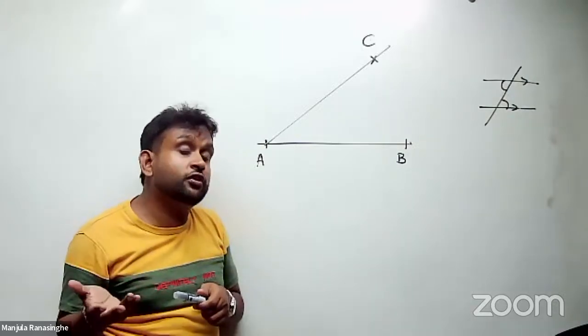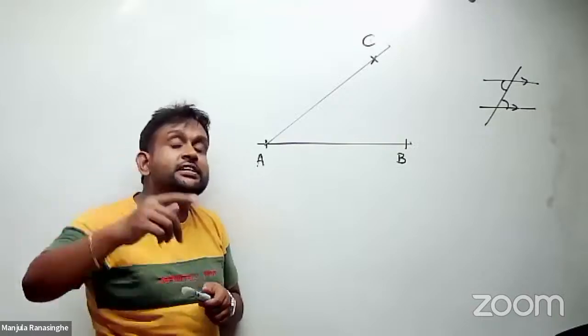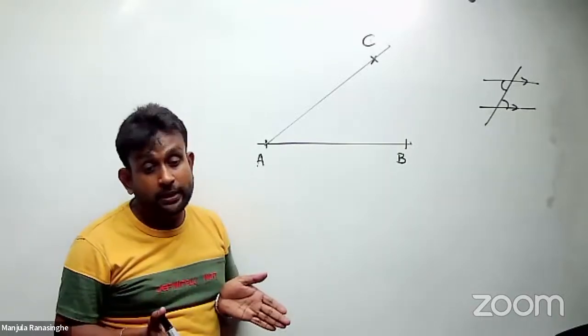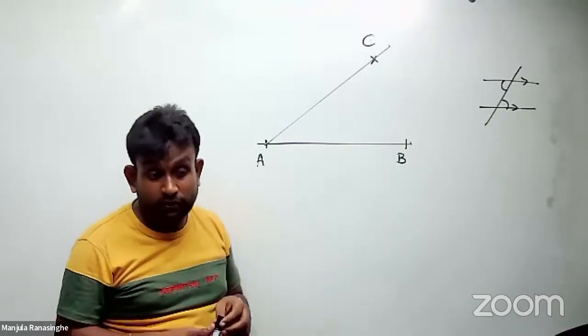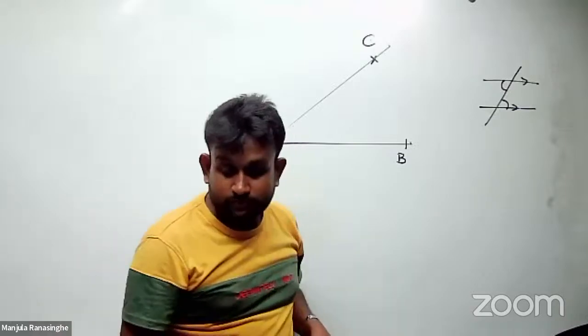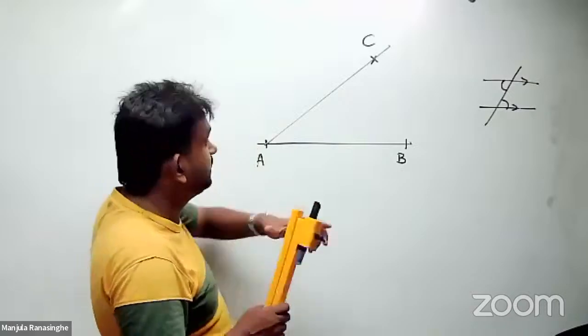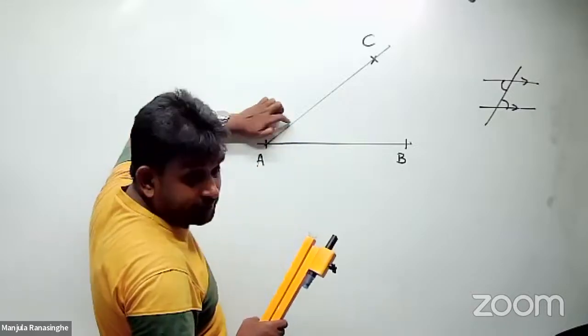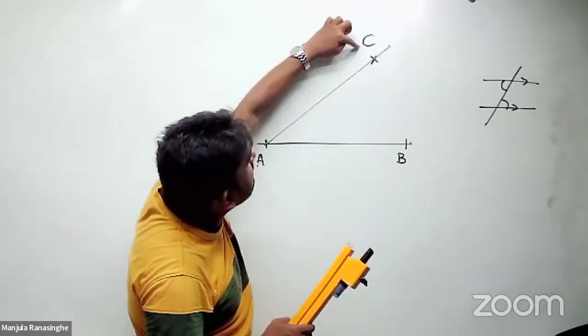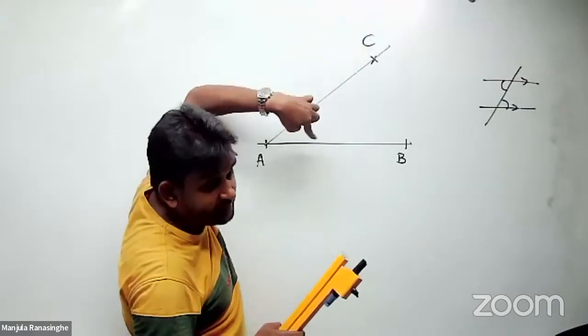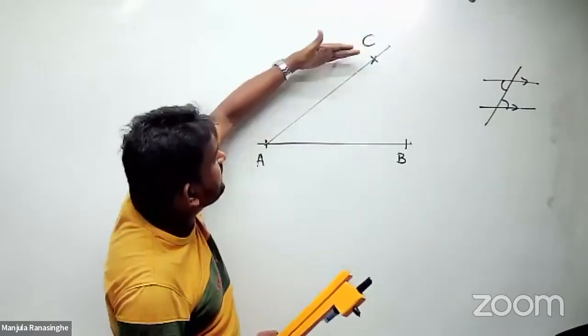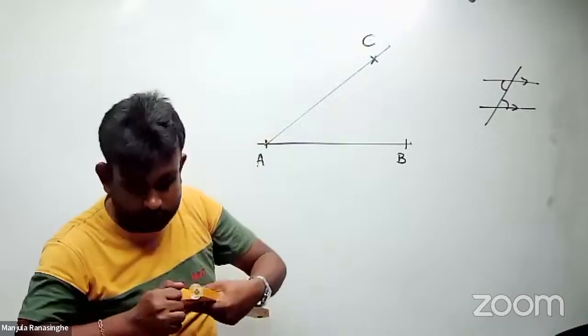What is the converse of it? If two alternate angles are equal, it means the two lines are parallel. So we are using the converse of it. Now I copy this angle here as the alternate angle. Then if these two angles are equal, the lines should be parallel.